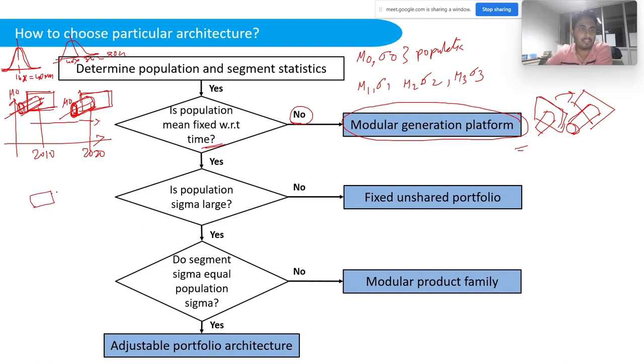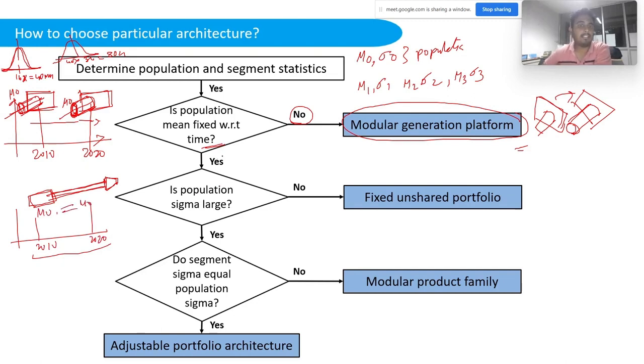The size or the particular shape of the end point of a screwdriver does not change over time. That means this is a constant design requirement over time. So the need is constant, so mu is the same over time.